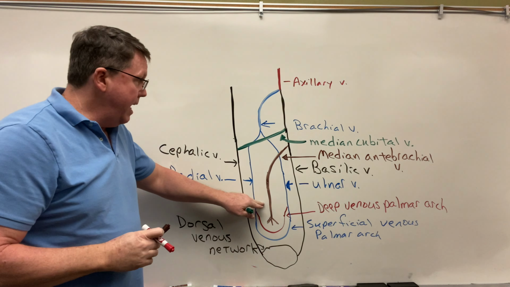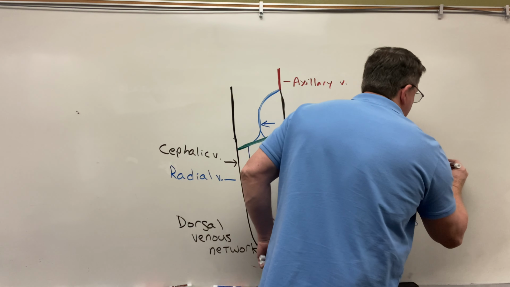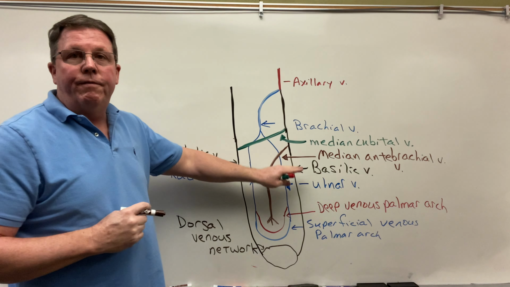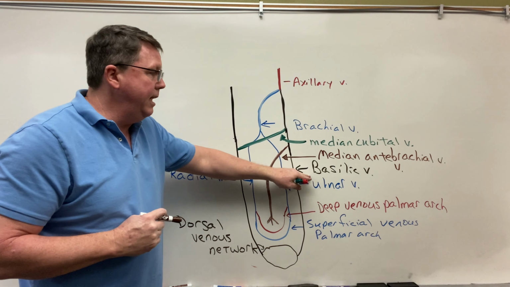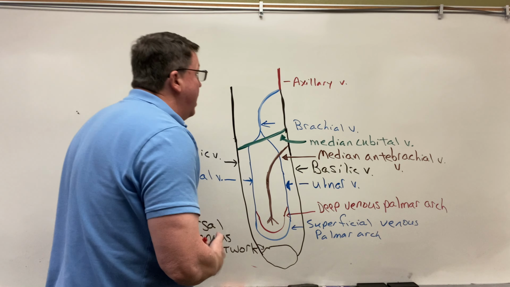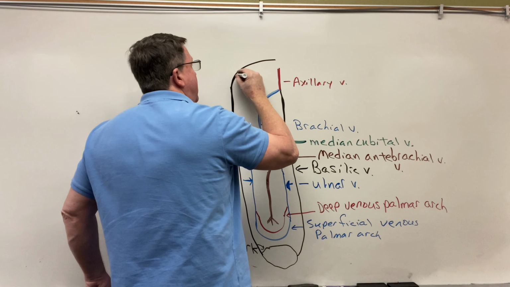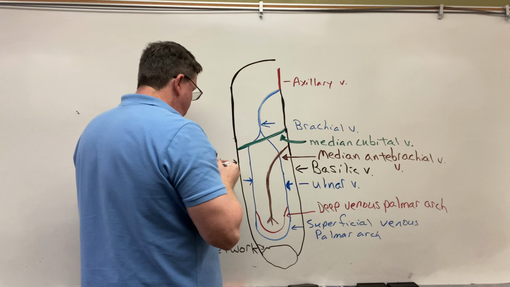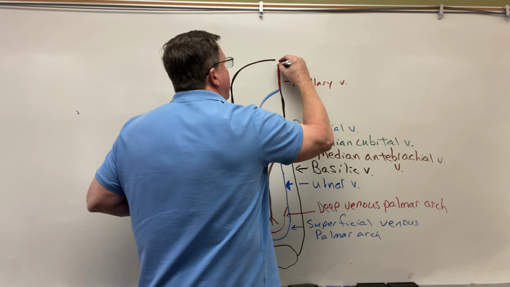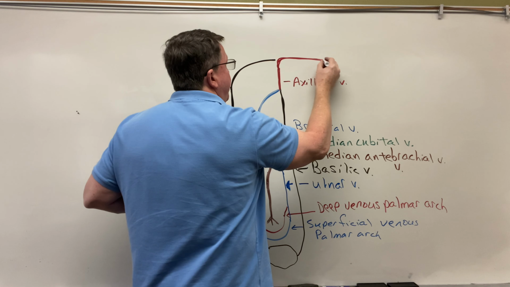So I have my median anti-cubital vein, I have my median cubital vein and my brachial vein. In this case, I have all of those draining into the basilic vein. My cephalic vein is also going to continue up, and then it's going to come over, and it's going to meet with the axillary vein. And then this is going to continue, and it's going to go towards the clavicle.